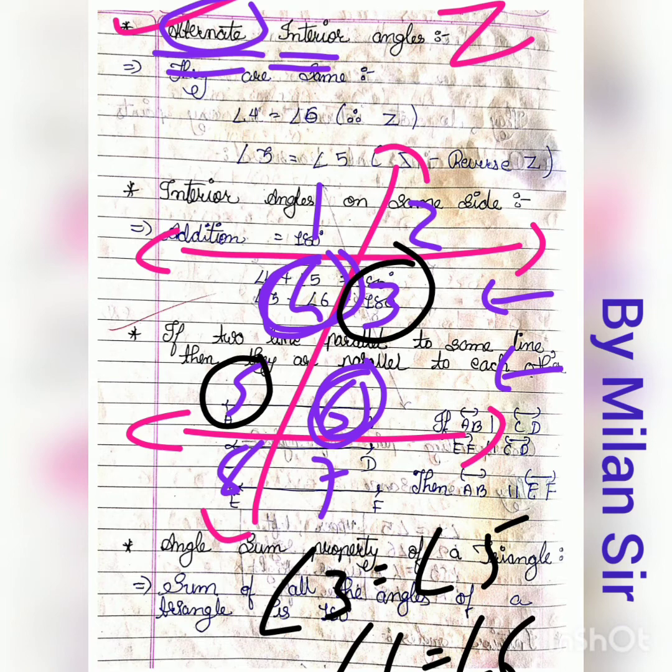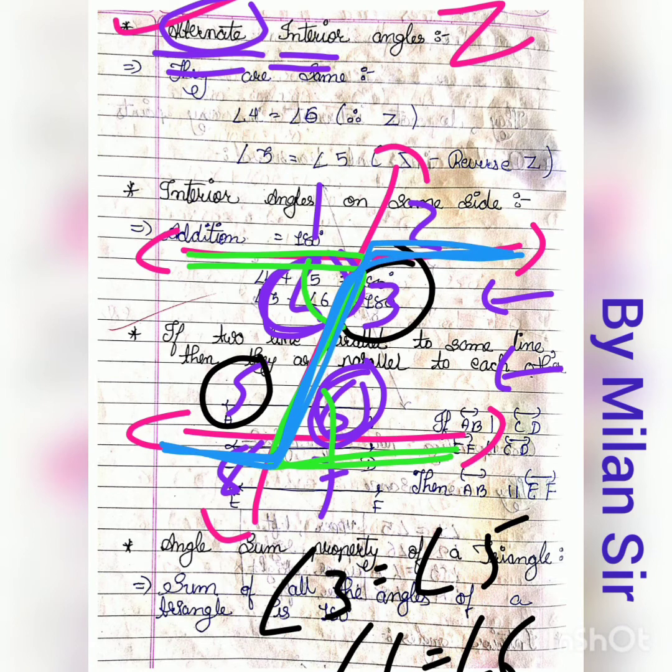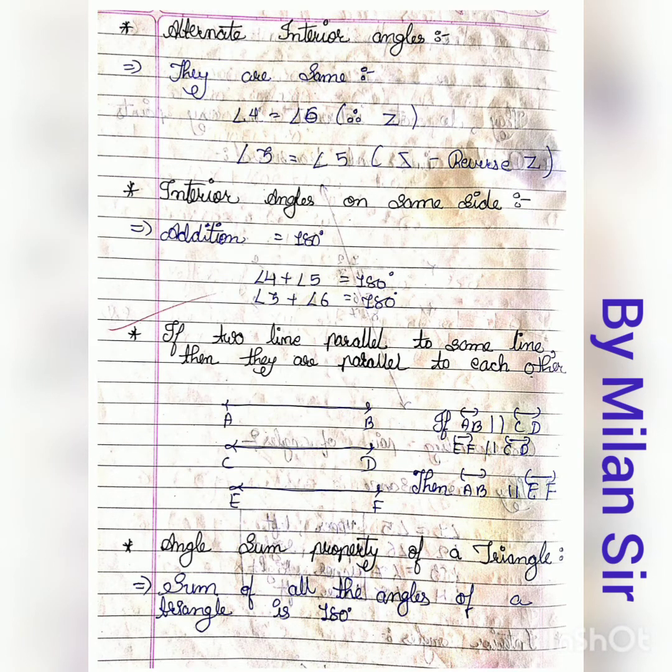Here a Z shape is there. This is the first Z, so 4 and 6 both are same. After that you can draw a reverse Z, so here 3 and 5 both are same. In alternate interior angles we have two pairs: angle 4 is equal to angle 6 and angle 3 is equal to angle 5.